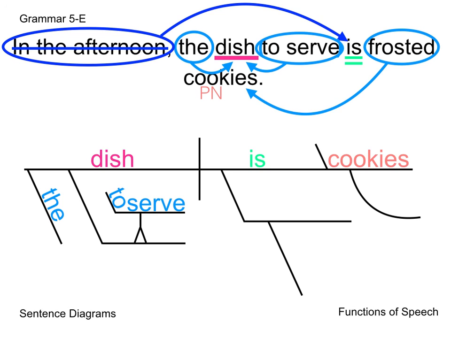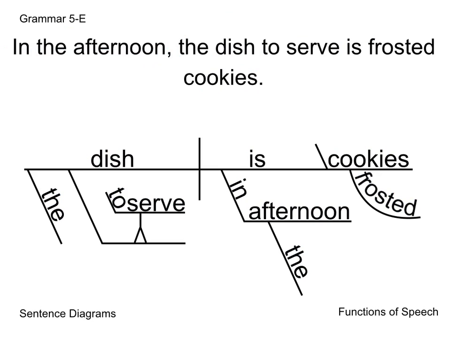And then we have our prepositional phrase acting like an adverb coming off of is, in, afternoon, the, and those each have their own separate lines, but they're all working together to create an adverbial phrase. And then we have frosted, modifying the type of cookies that are being served, what dish is being served. So that is how you will diagram that type of sentence.